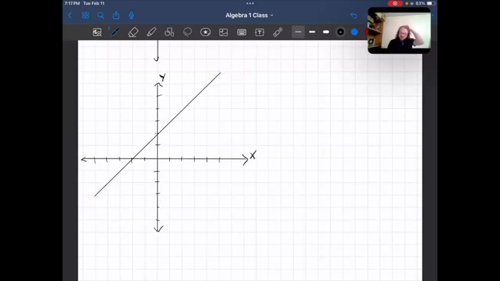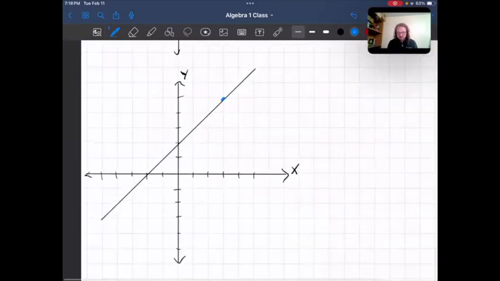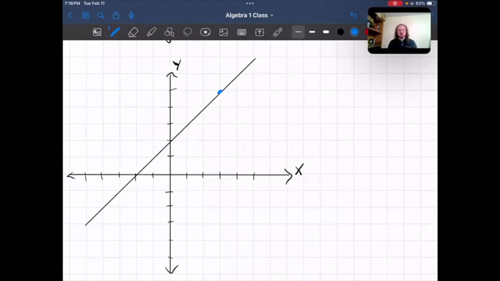Now I could go through and find any number of points on this. So let's say I wanted to know what this point is. And we're going to pretend that all of these points that look like they're on an intersection are. So if it's just slightly off, that's okay. All right, so this first blue point, I could check and say, okay, well, it's 1, 2, 3 over 1, 2, 3, 4, 5.